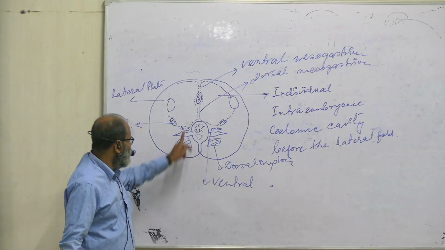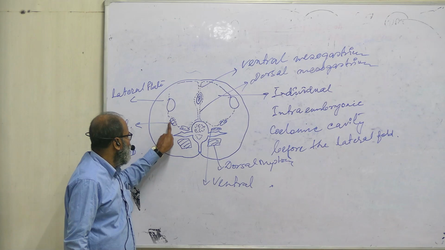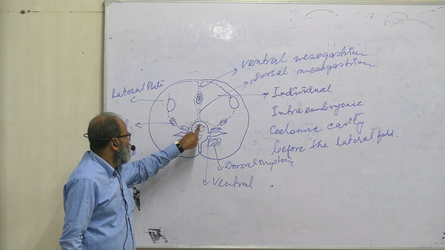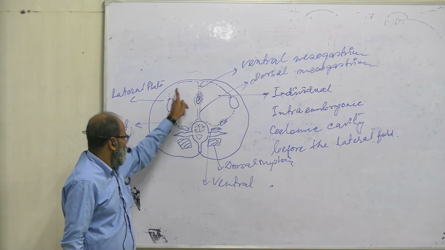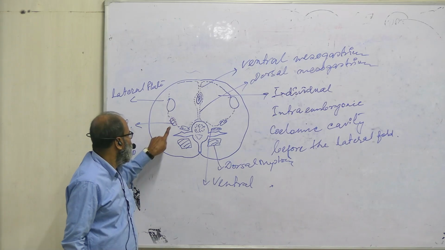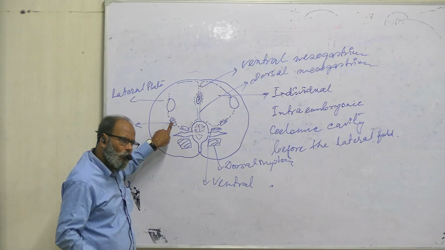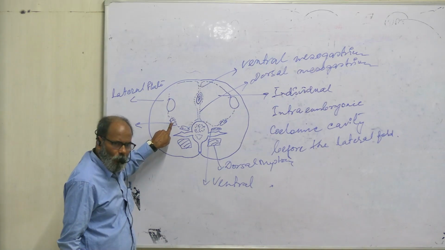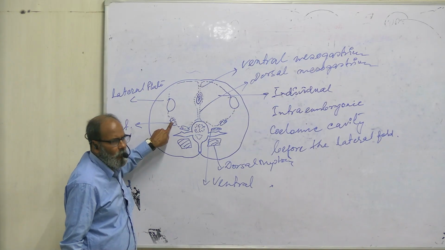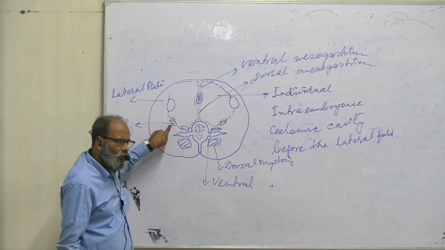Now, as you can see, this is the intermediate cell mass of mesoderm. The posterior layer of this intraembryonic coelom is lining the intermediate cell mass. So if the kidney develops from the intermediate mesoderm, it will be retroperitoneal. Yes or no? It will be behind the peritoneum.